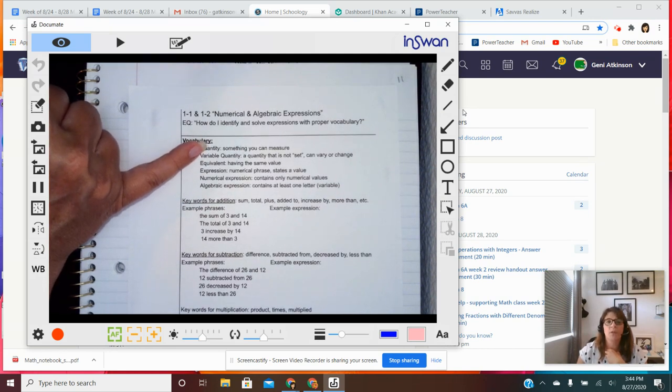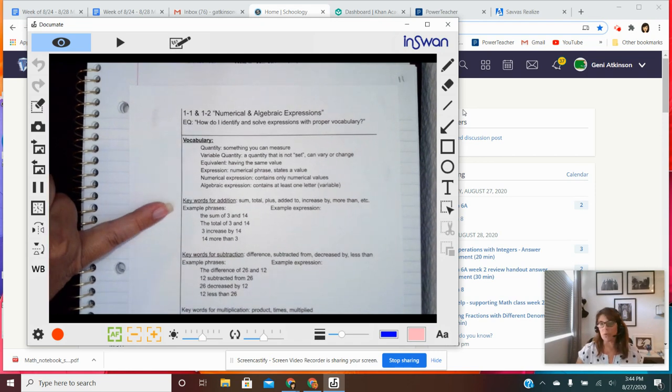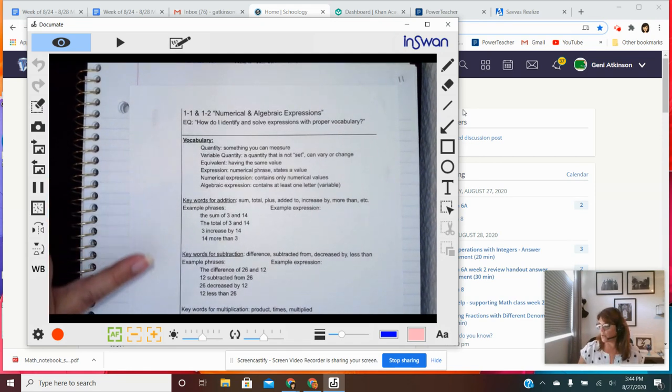Okay. Now, this next section is something that you've seen before. You saw this in elementary school, that there are key words that tell us when to add, when to subtract, when to multiply, when to divide. Okay. And I want to go over these in some expressions and examples from what we'll be learning now.